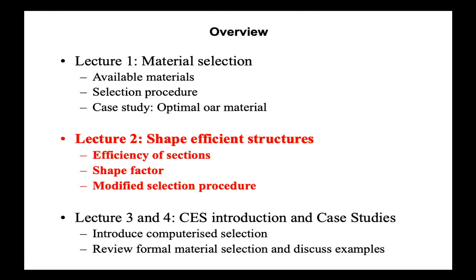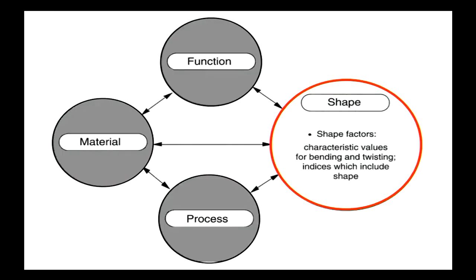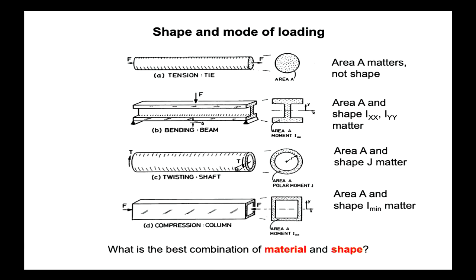Okay, shape. Lecture 2: efficiencies, shape factor, a new thing, phi is going to come up, and then the modified selection procedure. Shape factor will allow for the issue that I raised with the oar. So now instead of just having function, material and process, we've also got shape to deal with.